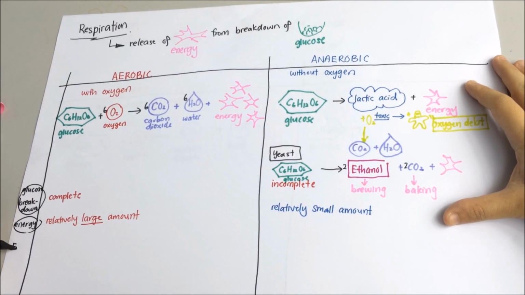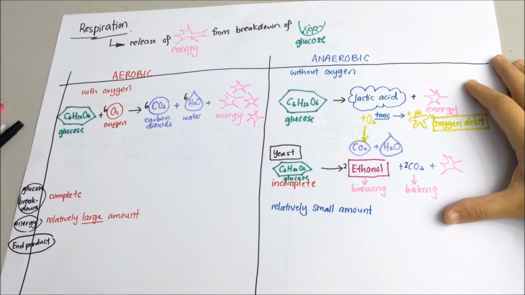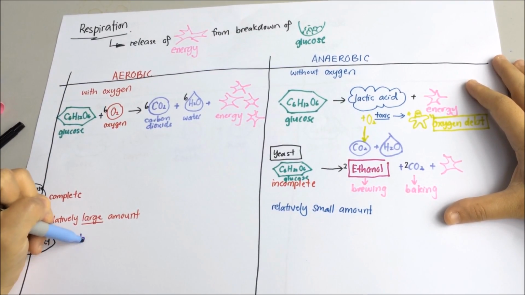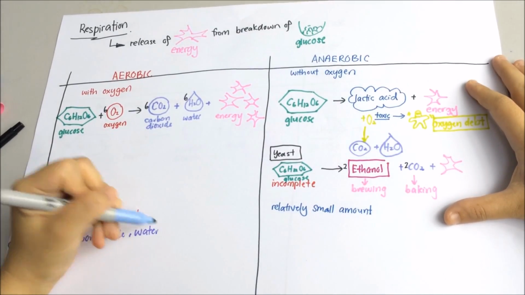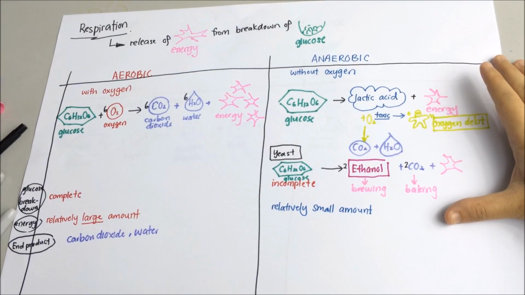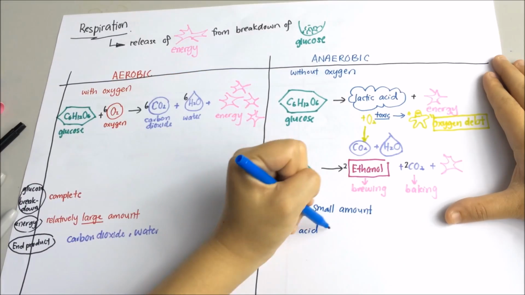So, if in the exam they asked you, what is the difference between aerobic and anaerobic respiration, this is how you will answer. You can talk about the glucose breakdown, the energy released. You can also talk about the end product of the reaction. So for aerobic, you will get carbon dioxide and water.